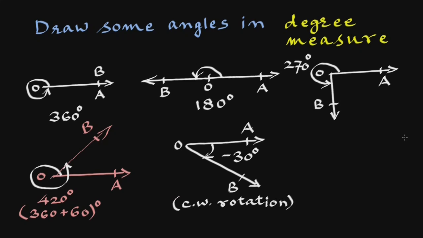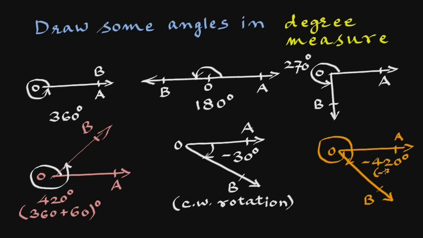And finally, if initial side OA is rotated in clockwise direction to assume a final position OB, which is the terminal side, this angle is minus 420 degrees, which is minus 360 plus minus 60 degrees. And this angle is negative because of clockwise rotation.